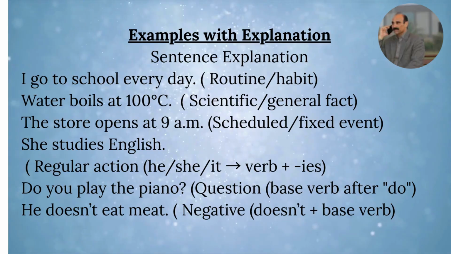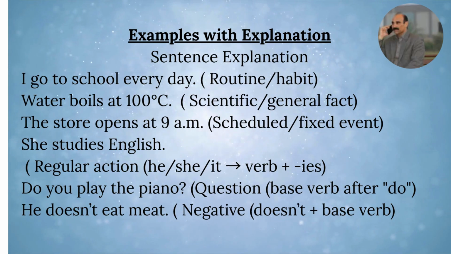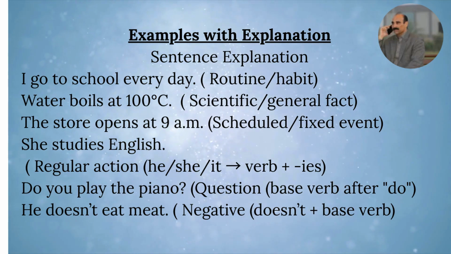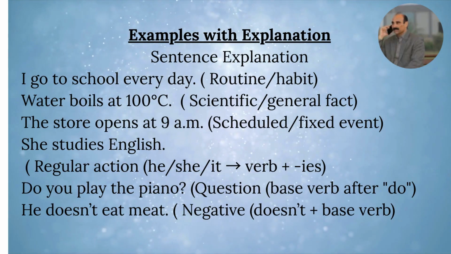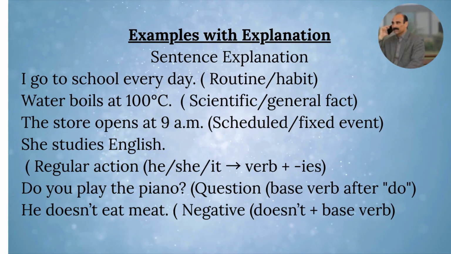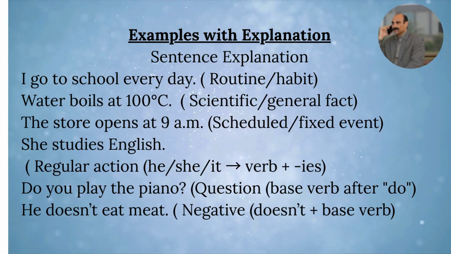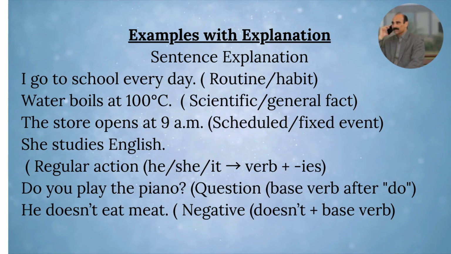We make questions by using the helping verb do or does. But when we use the helping verb do or does, the main verb will always be in the base form. Do you play piano? How to make negative statement? We use do or does plus not in order to make negative statement. He doesn't eat meat.